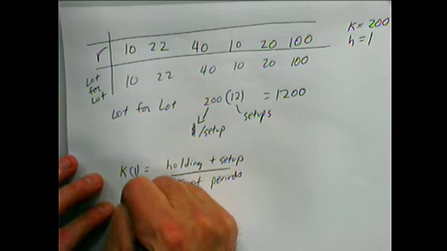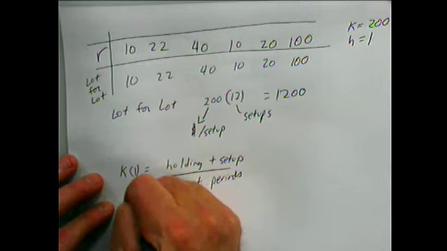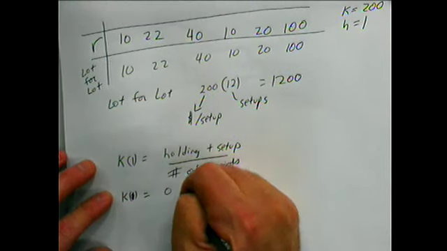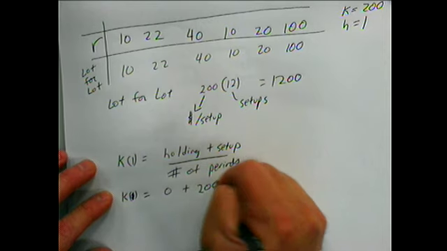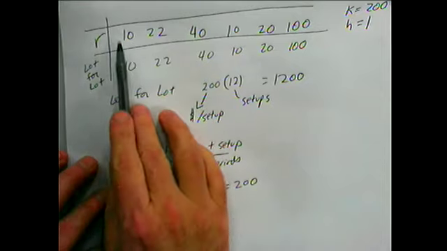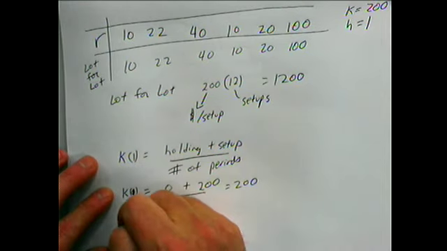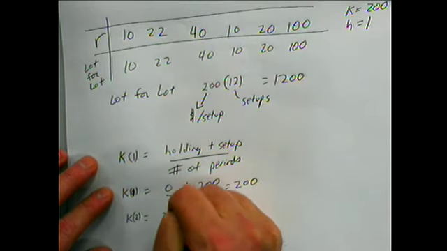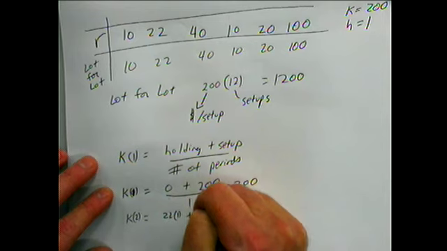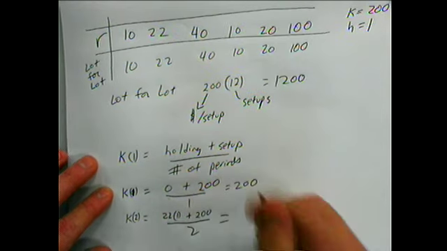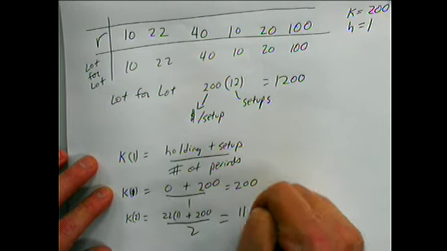So if we just set up for the first period, the holding would be 0, and the setup cost would be 200, divided by 1 is 200. If we produce in period 1 for periods 1 and 2, the holding would be what? 22 times 1 plus 200 divided by 2, which is 111.